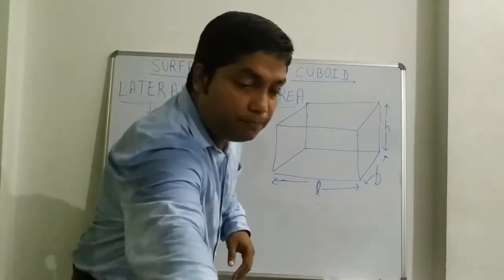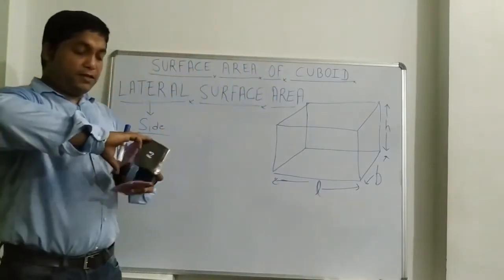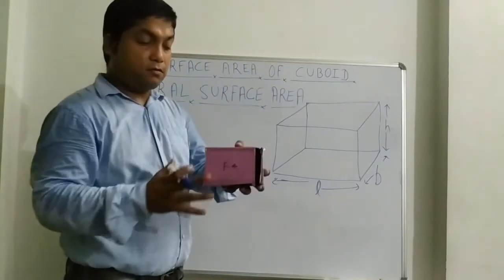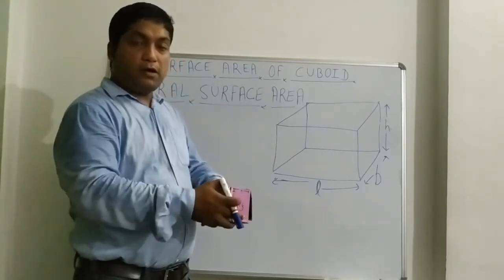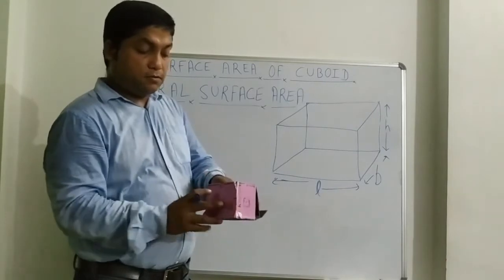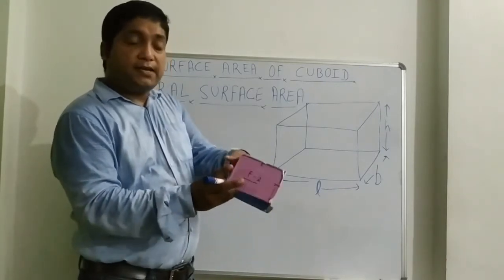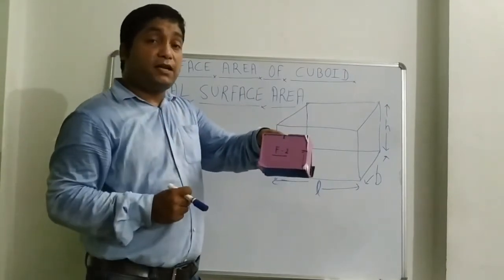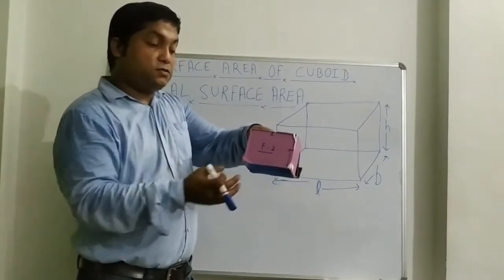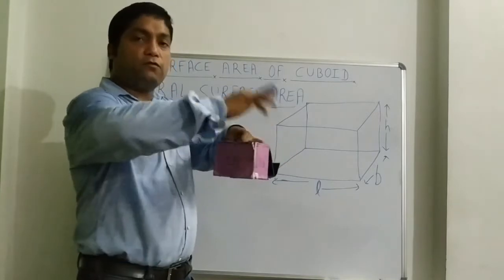For example, in this model, if we remove the roof and base, then that remaining area is the lateral surface area. It means that in the lateral surface area, you have only 4 sides: 1 side, 2 side, 3 side and 4 side.